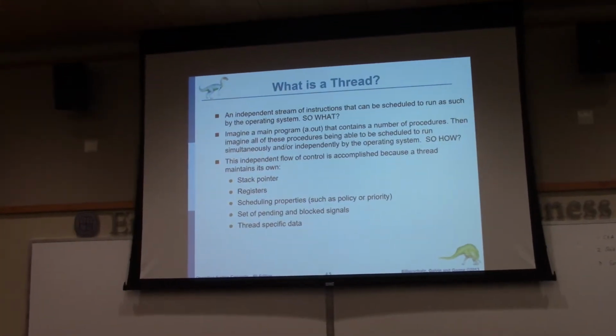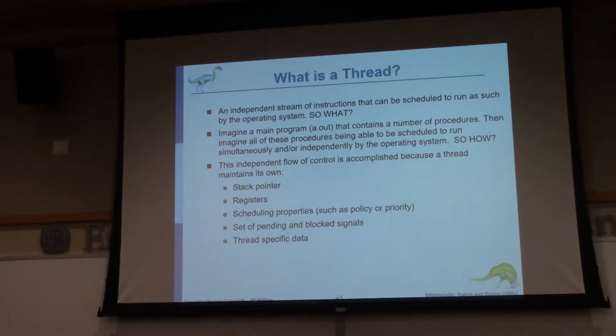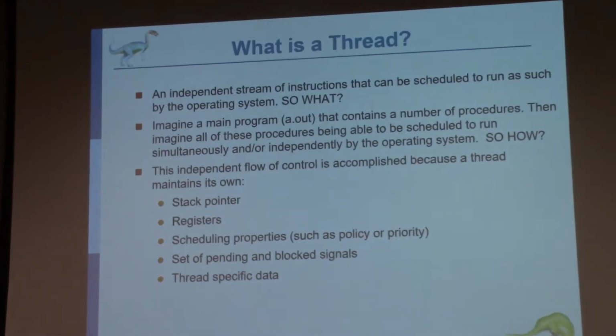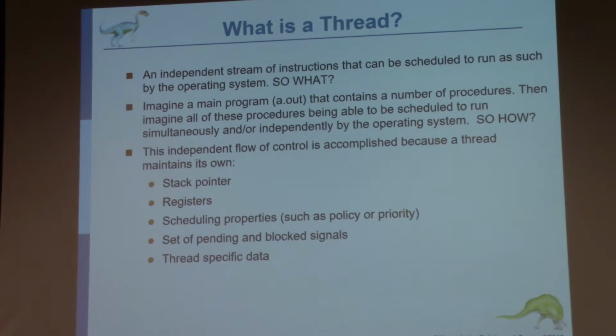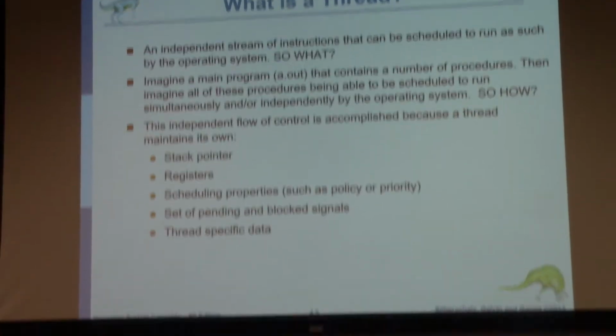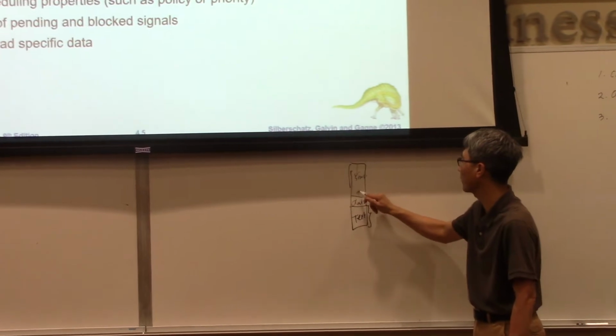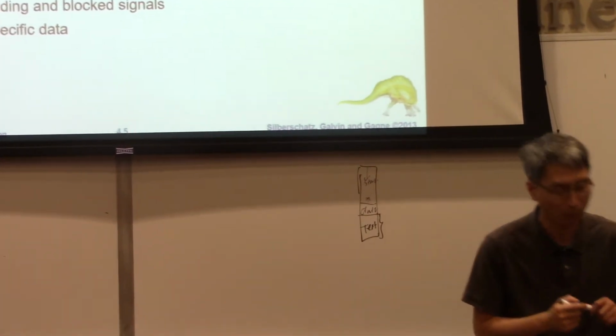For example, when we have one process, we have the text area, this program, and we have the data, and we have a stack for temporary information, and here the dynamically allocated information.